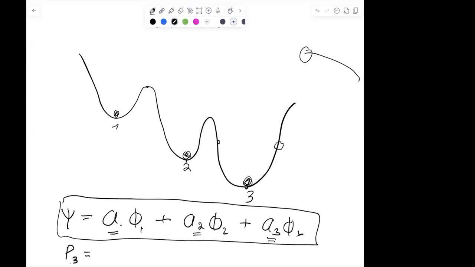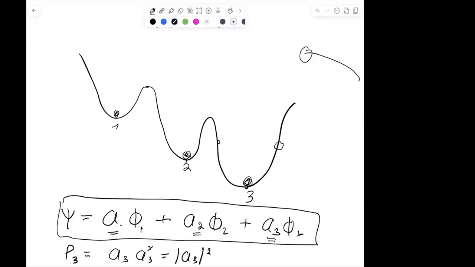It's very simple. Just take A3, multiply it by its conjugate, and you usually write it like this. This will be the probability of having the system in state 3.